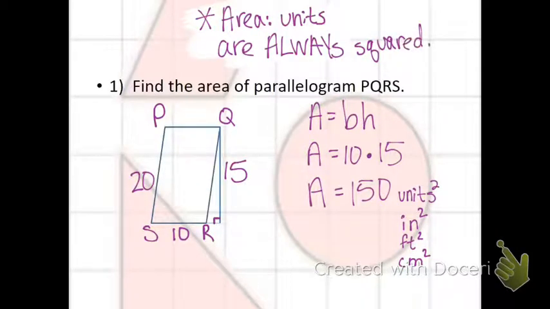Okay, for things like perimeter, they'll just be regular units. If it's area, the units are squared. And when we get to volume, you'll see the units are always cubed.